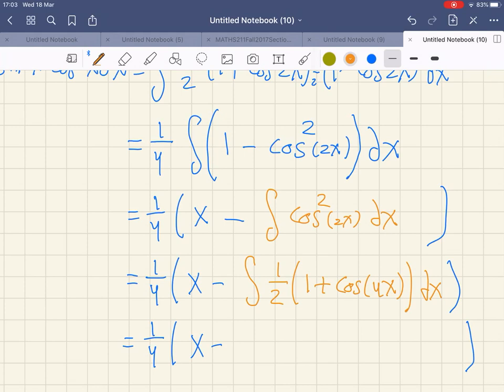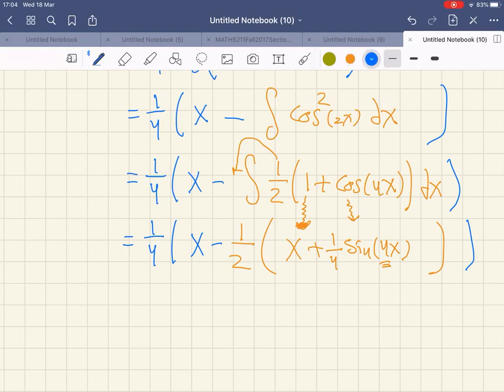Now, if we do this integral, 1 over 2 will go outside. The integral of 1 is just x, and the integral of cosine 4x is sine 4x, but because of this 4, I need to divide by 4.